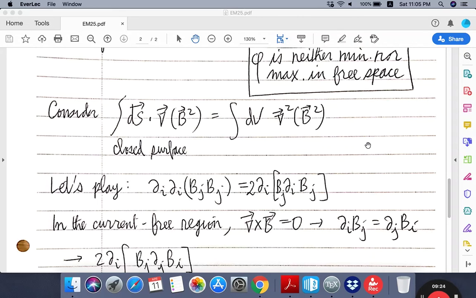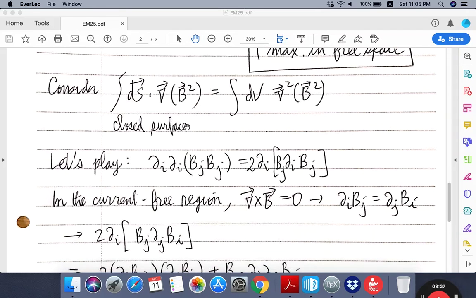So what you need to consider to prove Thomson's theorem is the flux of the gradient of the magnetic field squared. You might call this the magnetic field density squared, or whatever. You take the gradient of this magnetic field density and try to measure the flux of that gradient through some closed surface.